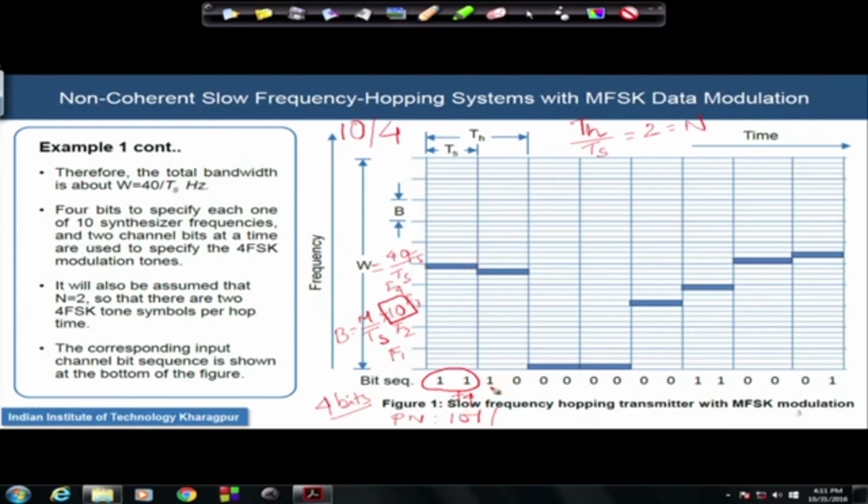Our next bit here is 10, hence the symbol is 10. So, it will choose the carrier MFSK tone number 3, which is equal to my F3, and at that moment there is no change in the hopping, because within one hop duration we are allowed to send 2 symbols.